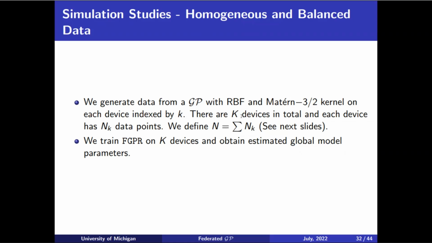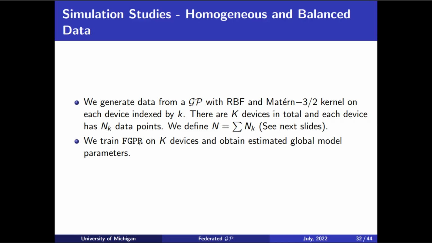And we assume there are K devices in total, and each device has n_k data points. We also define the big N as a summation of n_k. To ensure a homogeneous distribution among the devices, we assume the underlying truths of the model parameters are the same among all the devices. To ensure a balanced distribution of the data, we assume n_k are equal among all the devices.